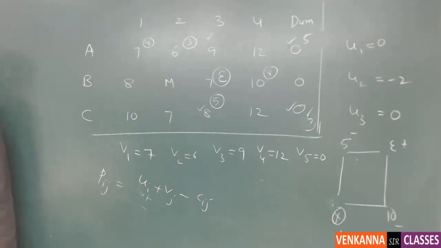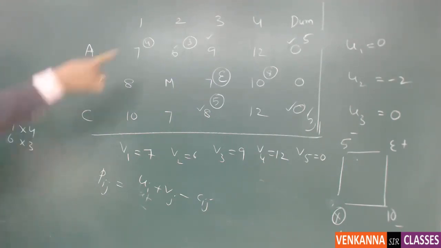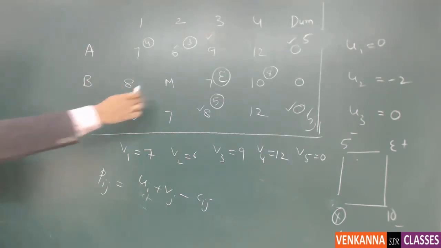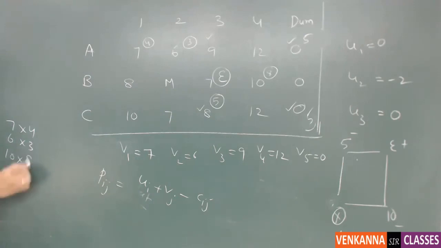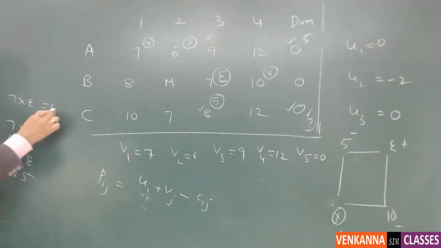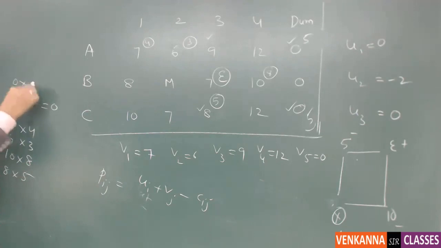Since you have done the modification there, now you can go for the rest of the check. How does it come? 7 into 4, 6 into 3, that is 0 into 5 neglected. This is 7 into epsilon neglected. This is 10 into 8. Then you have 8 into 5. However, you can say that 7 into epsilon is equal to 0. Then you can say 0 into 5 and 0 into 5.